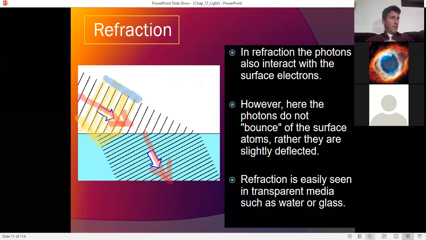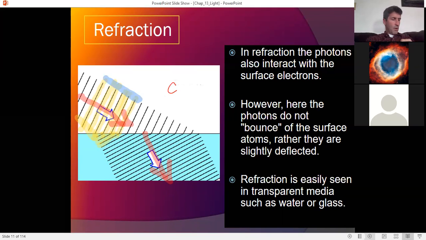What you need to know about refraction? Well, again, if you do the thought experiment with this and try to understand how the wavefronts are going, you can understand the change in direction. But I think it's more important for you to understand that refraction is basically two things. It's the change in speed of light. Yes, light normally travels at 3.00 times 10 to the 8 meters per second, what we normally call c.